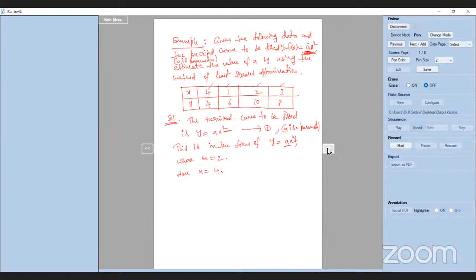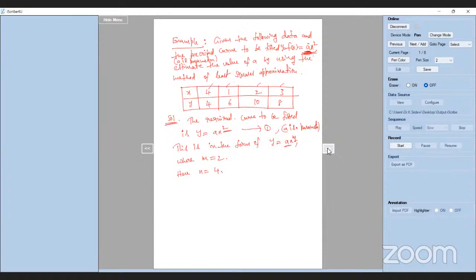To find it, we have the linear equations. But we know that when we have the linear equations, it is in the form of a straight line or in the form of a parabola, to be fitted to the given data. So now this is in the form of exponential.